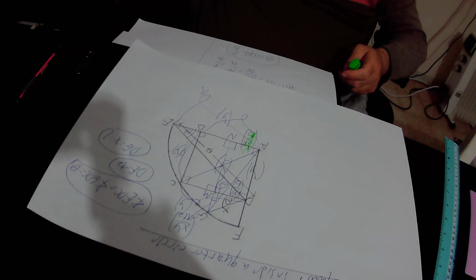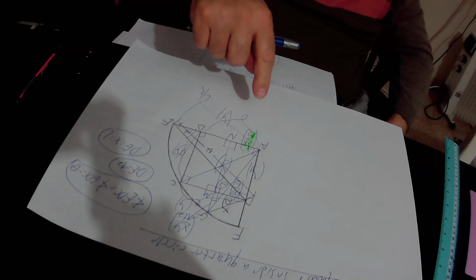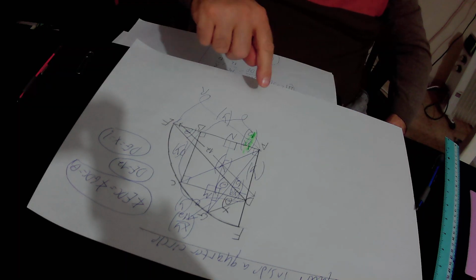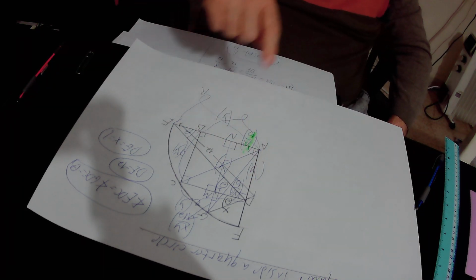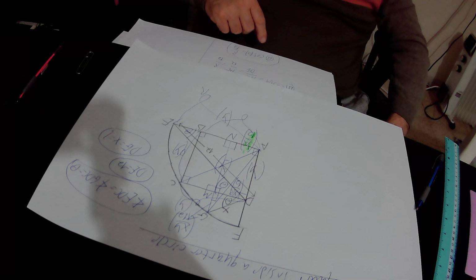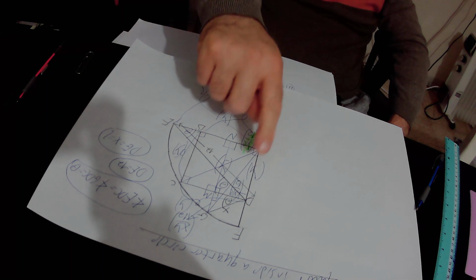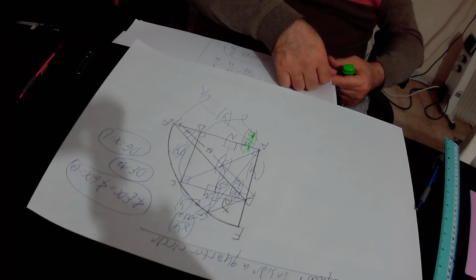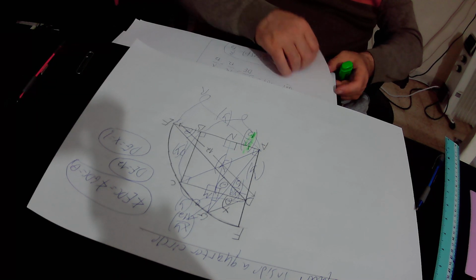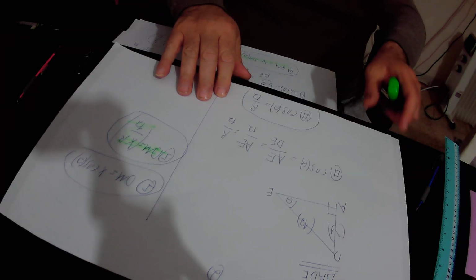Then we focus on the right triangle ADE. I copy the right triangle ADE in the new page and then analyze it.